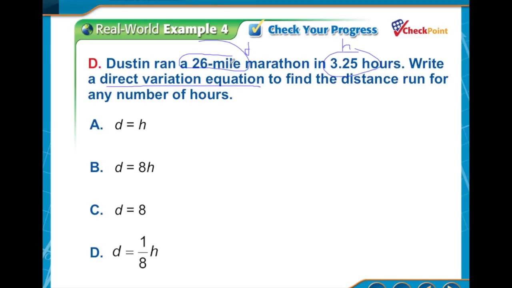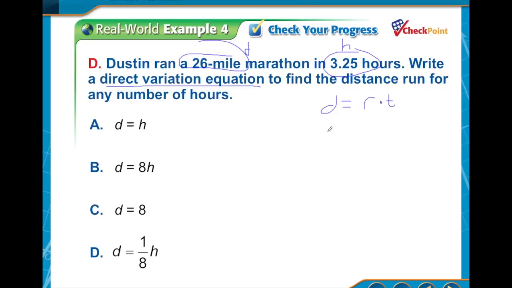So if he can run a 26-mile marathon in 3 1/4 hours, what is the rate that he's running at? So remember we said distance equals rate times time. So our time for this is in hours, so we can use t or h.